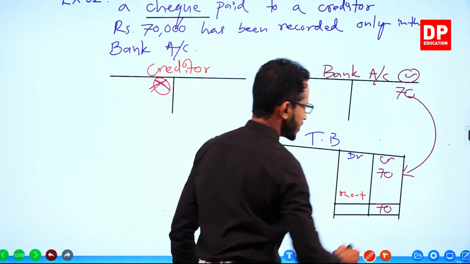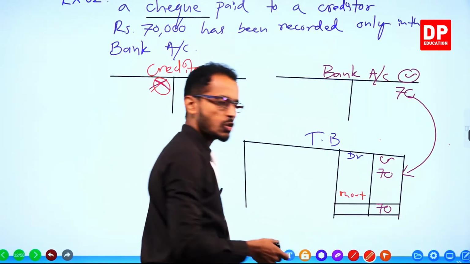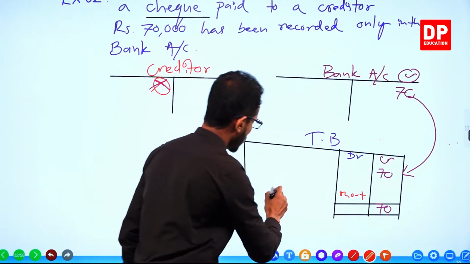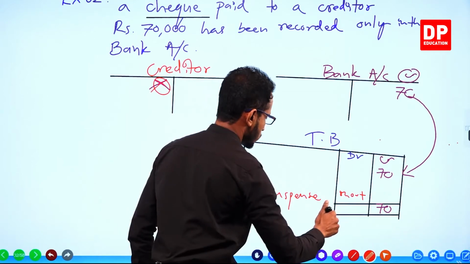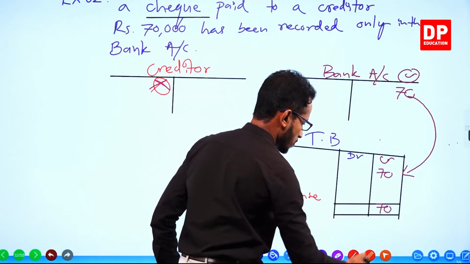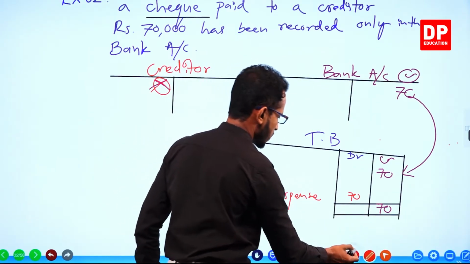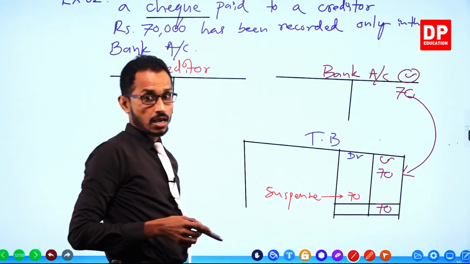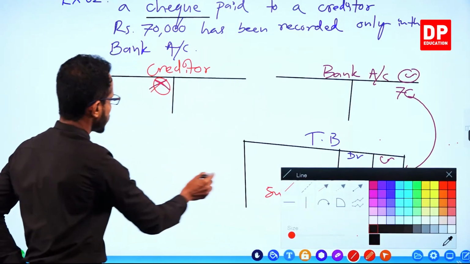On the credit side, 70 is there, but on the debit side, no entry. So 70 is short. What we do is, we put that shortage to an account called the suspense account. This is the suspense amount which is going to the suspense account.